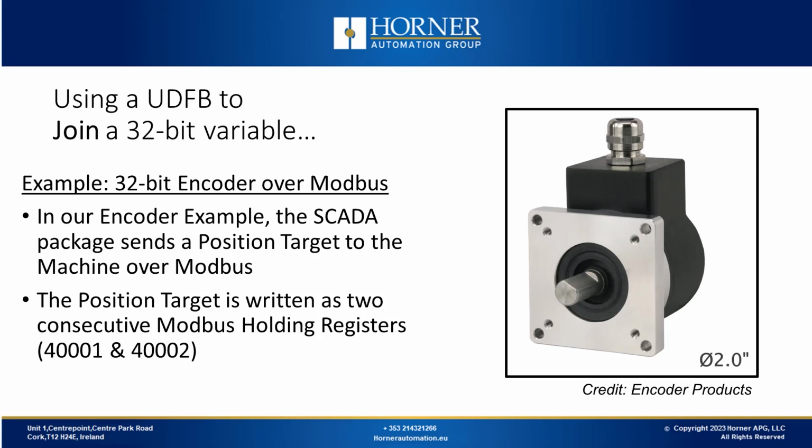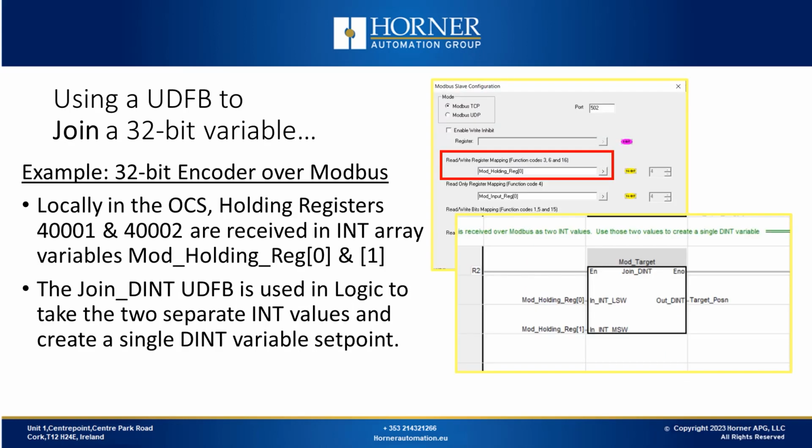This data is coming in over Modbus and will be written into 2 separate integer locations. Now this time, because it's being written to the OCS, it's going to be stored in holding registers instead of input registers.